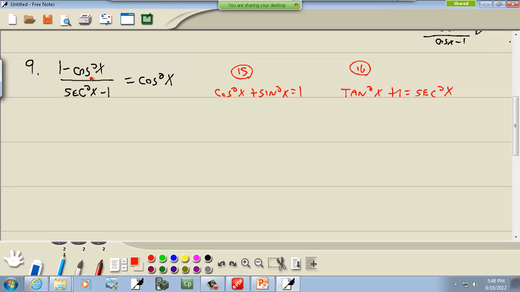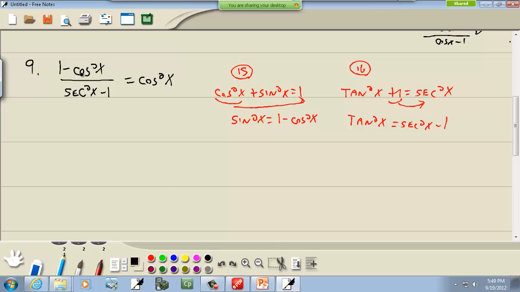So the top part here I could rewrite as sine squared. Take the cosine squared over here, and we get sine squared is equal to 1 minus cosine squared. The bottom part, if I take the 1 over, then we get tangent squared is equal to secant squared minus 1.